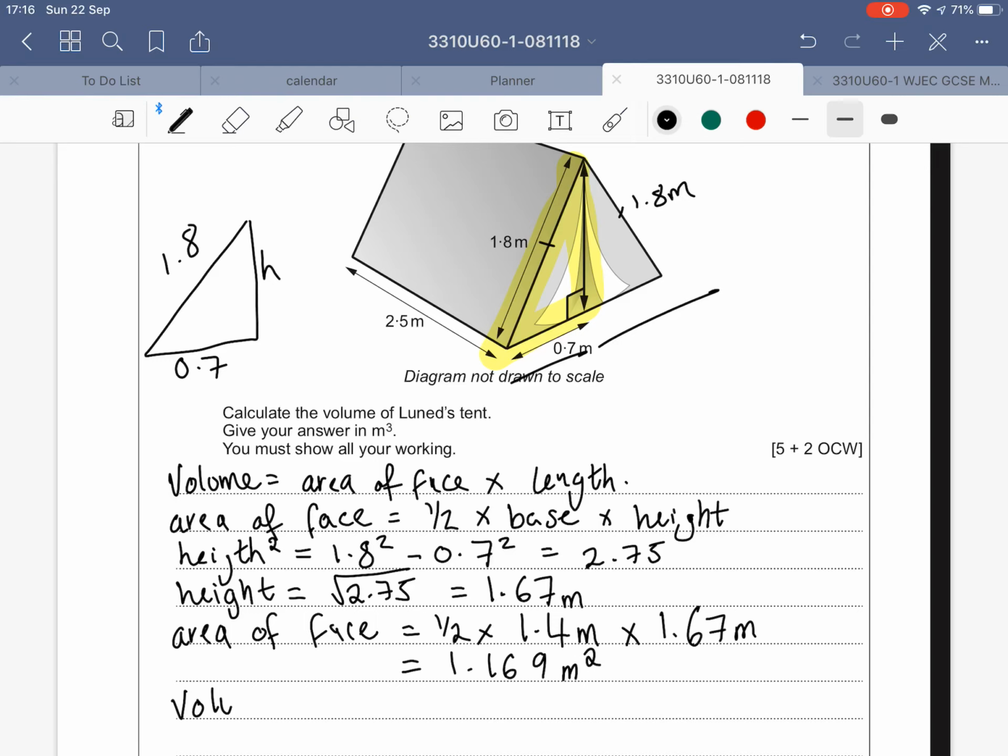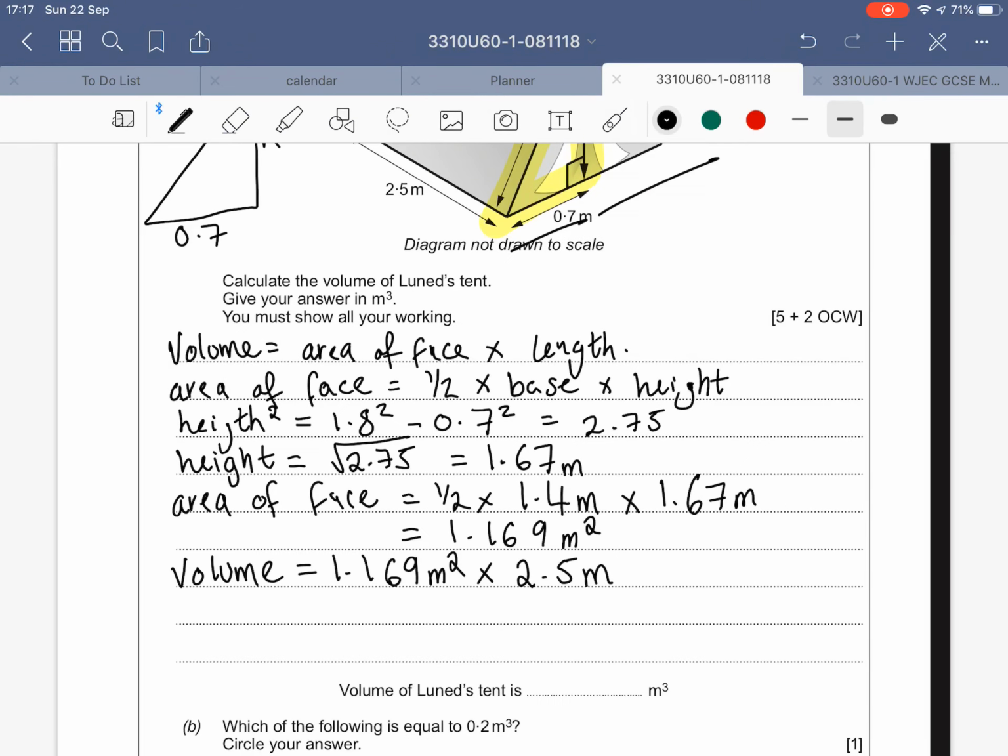Therefore the volume, which we told them how to work out earlier, is the area of the face, which I just worked out, 1.169 meters squared, times my length, which is 2.5 meters, which is 2.9225 meters cubed. Just 2.9, or 3 if you want to round to 3.